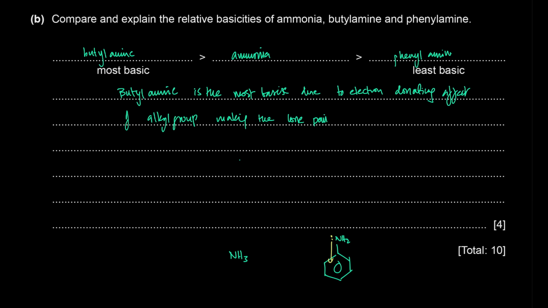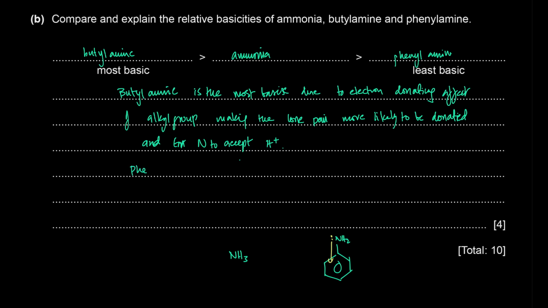So you can say making the lone pair more likely to be donated, and obviously for N to accept a proton.